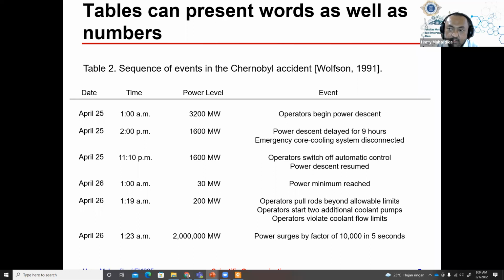So these are alternatives for you to present your data, whether you want to show a whole table without any detailed explanation, or you may put some small phrases or a small sentence inside the data itself, so that you don't need to explain too much in a paragraph.